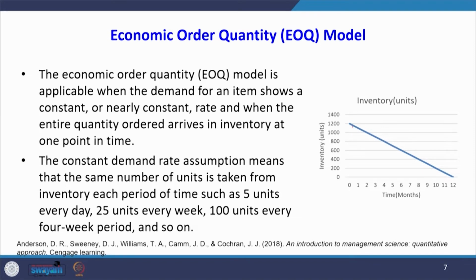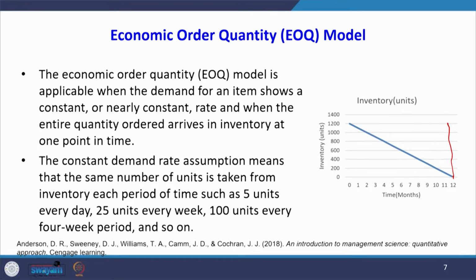When the demand is constant, the slope is constant. And when I replenish here, immediately I will get another 1200 units. I will get the 1200 units at a time. It is not that I will get initially 1000 and then 200. So, these are the assumptions. We will study the assumptions in detail in coming lectures.